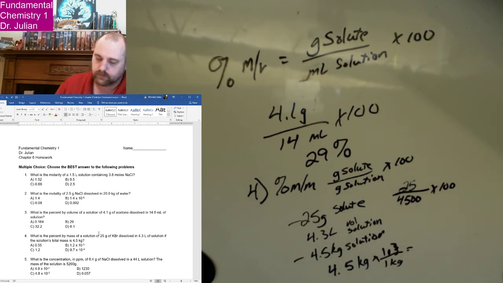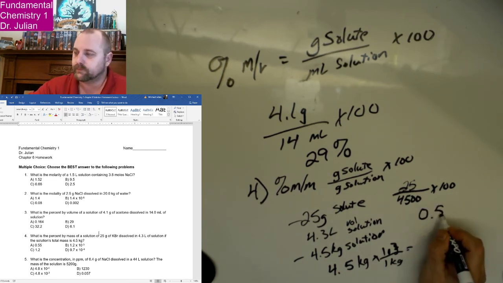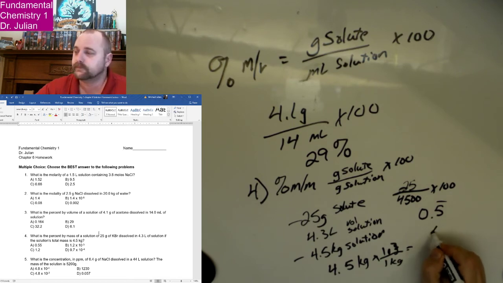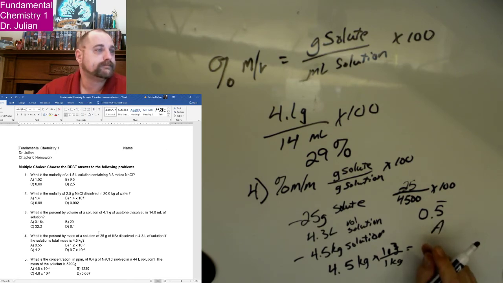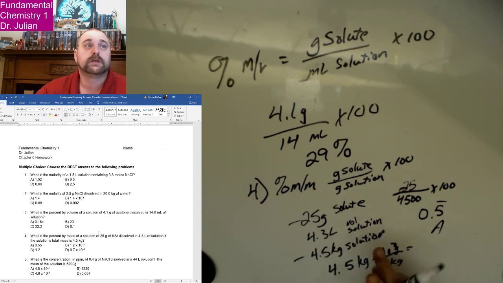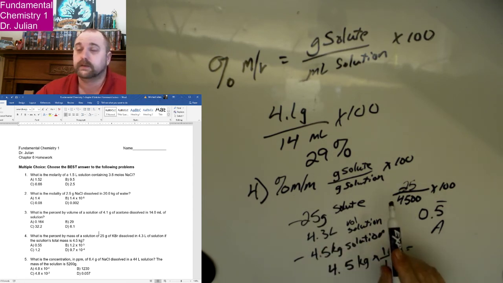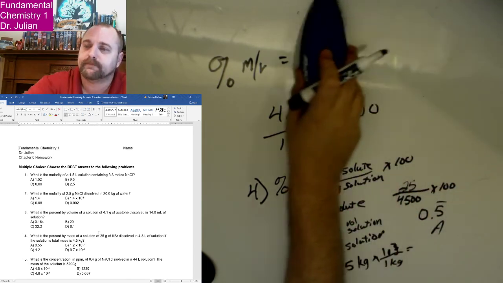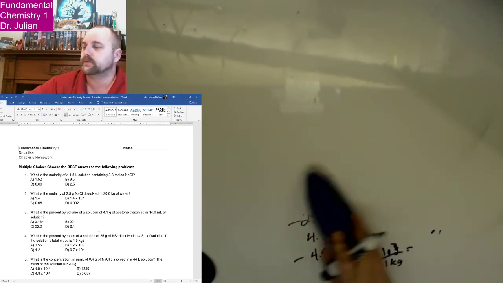So 25 divided by 45, and I get 0.5 repeating. 0.55 or 0.56 A. What did I do with the liter solution? Nothing. Didn't need it. I did have to go to grams. Just take kilograms over to grams.